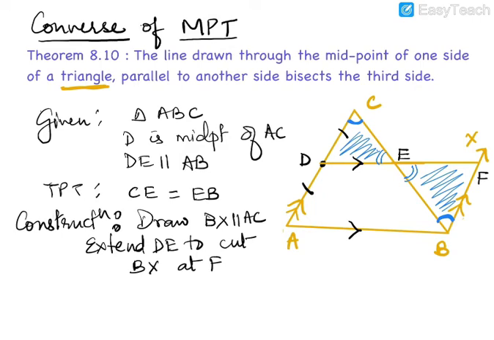And if they are congruent, then CE will be equal to EB because they are corresponding parts of congruent triangles, and therefore E is the midpoint of CB. I have explained the proof for converse step by step. So now it will be easy for you all to write the proof as an assignment.